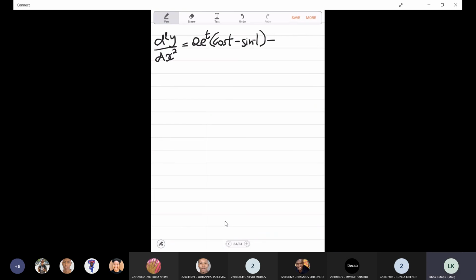So this is 2 times e to the power of t, and then the numerator is sine t plus cos t, close the brackets, then this is all over the denominator squared.